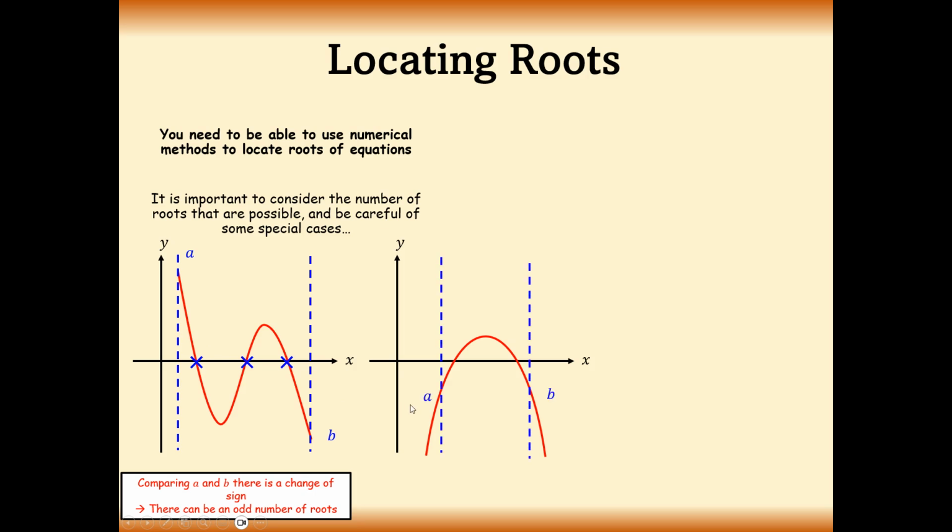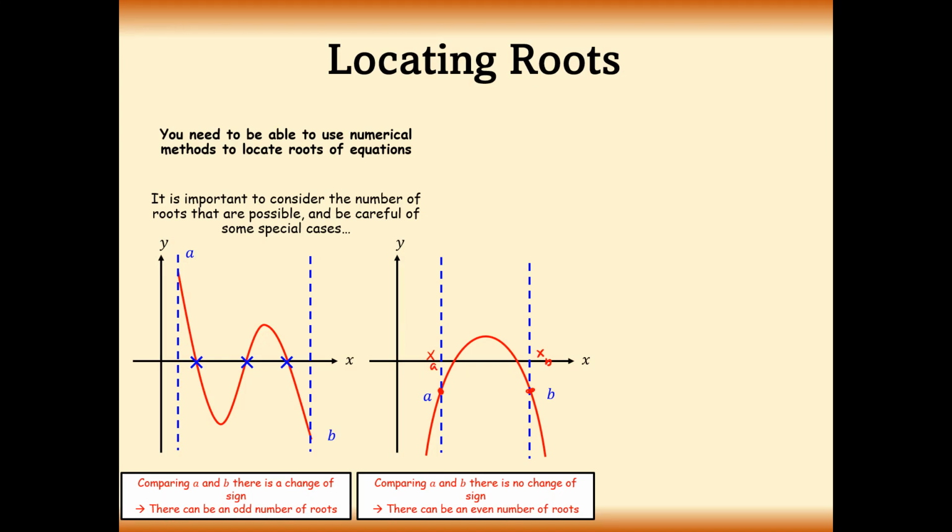Now, the next graph in the middle of the page, we have a and b that have no change of sign. So when evaluated at this x value, we will get a negative answer, and when evaluated at this x value, we'll get another negative answer.